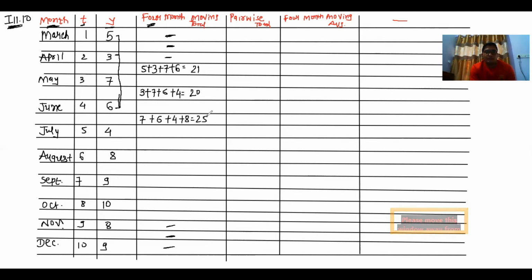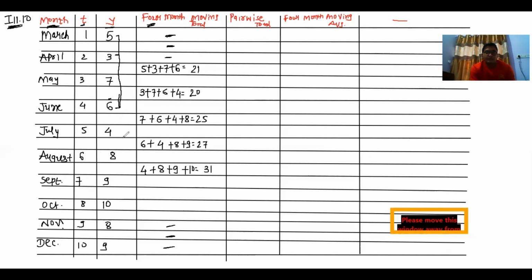Answer is 25. Then after, it starts from 6. 6 plus 4 plus 8 plus 9. Answer 27. Then it starts from 4. 4 plus 8 plus 9 plus 10.